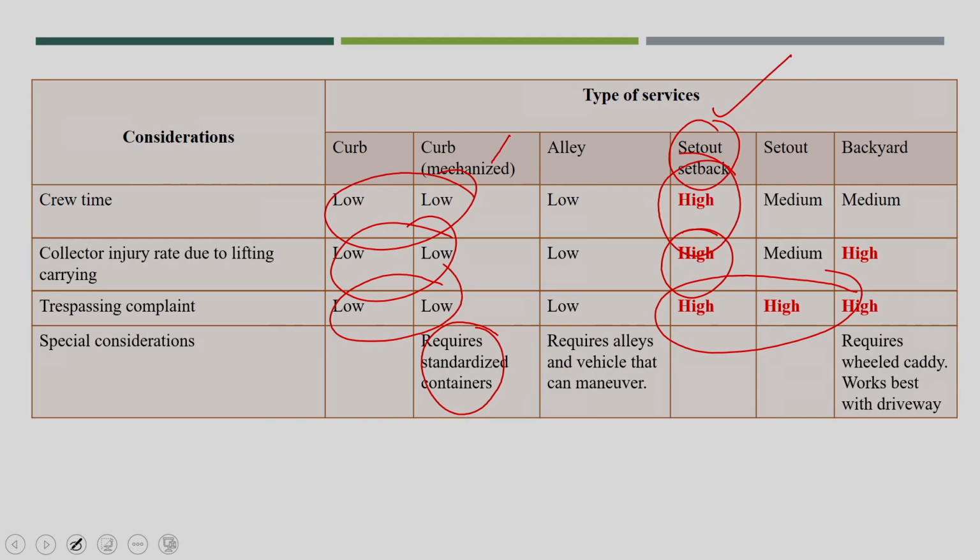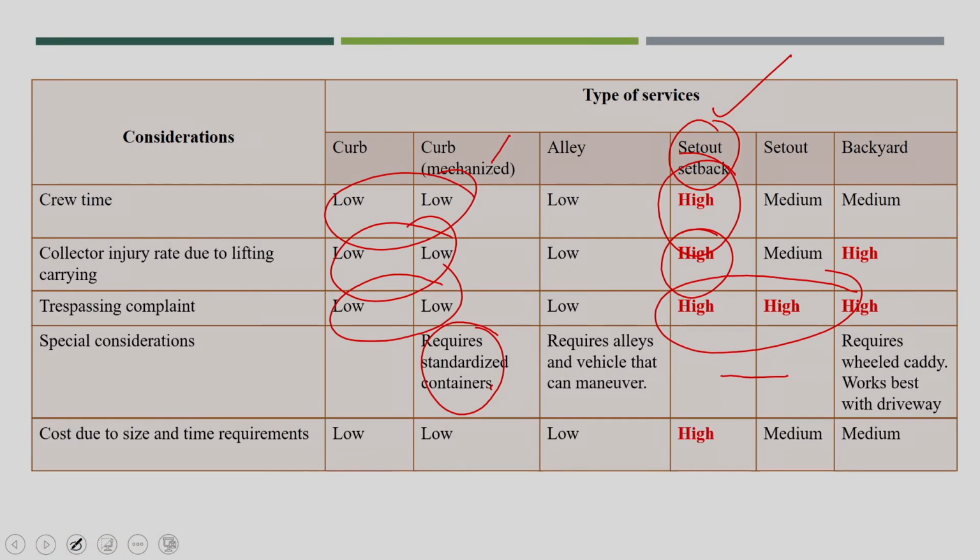So obviously a special kind of mechanical system will be required, not only a standardized container or dustbin, but also a standardized vehicle. But in the case of set out setback, I think we do not require any standardization; we can design based on the available vehicle facilities or container facilities.